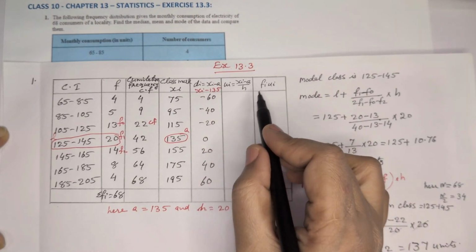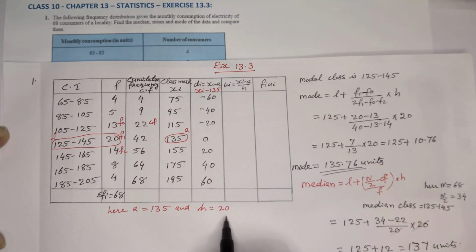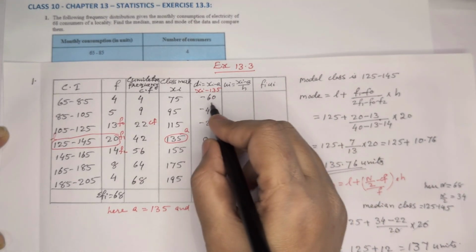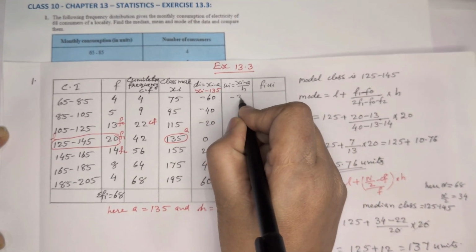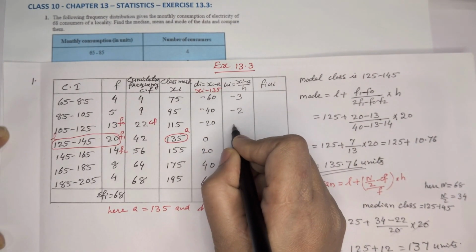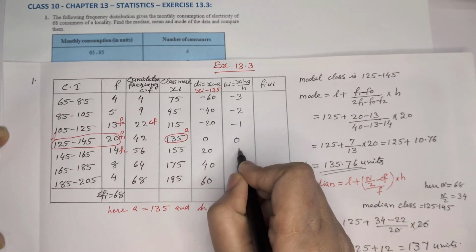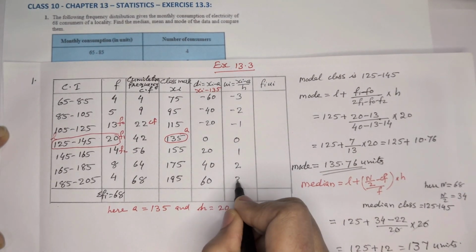Then HI minus A by H. H we can take as 20. A is 135 and H is equal to 20. When we are dividing by 20, here minus 3, minus 2, minus 1, 0, 1, 2, 3.